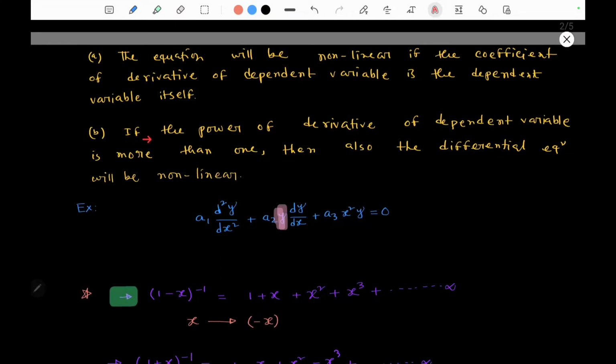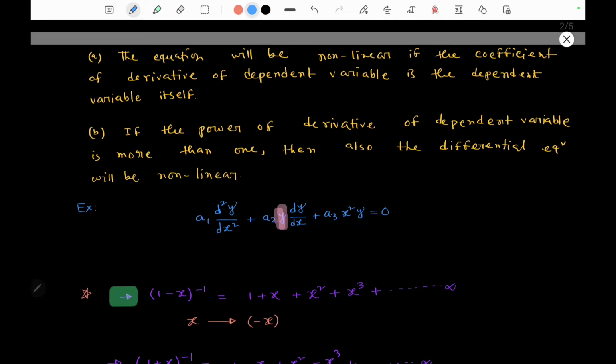Now the second point is, if the power of the derivative of the dependent variable is more than 1, then also the differential equation will be nonlinear. The power we can see here. This is not the right example.